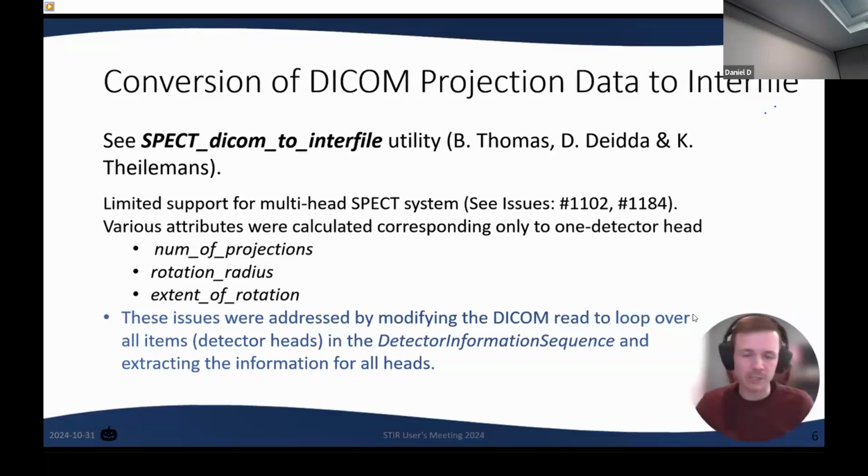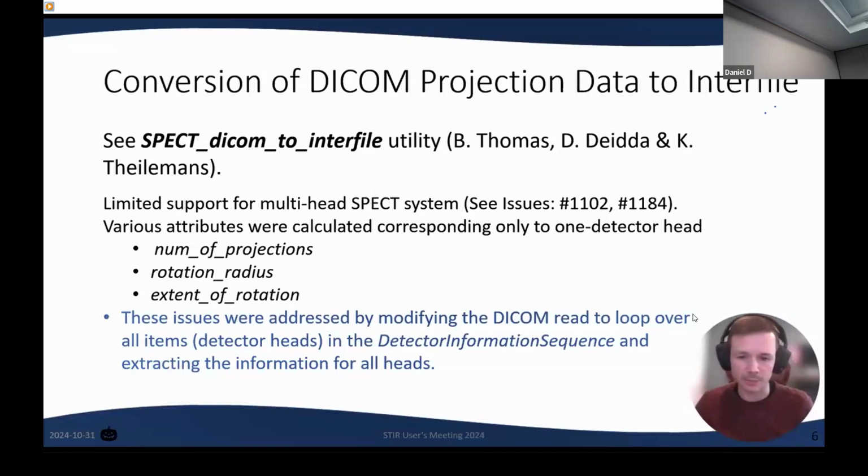Really, the existing code was not designed to handle DICOM inputs where there were multiple heads, and so we needed to extend its capability to look deeper into the DICOM file at the additional detector sequences to extract information that would help us determine things like the number of projections that will actually exist in the data set, the rotation radii of both detectors as they orbit around the patient, and the full extent of rotation.